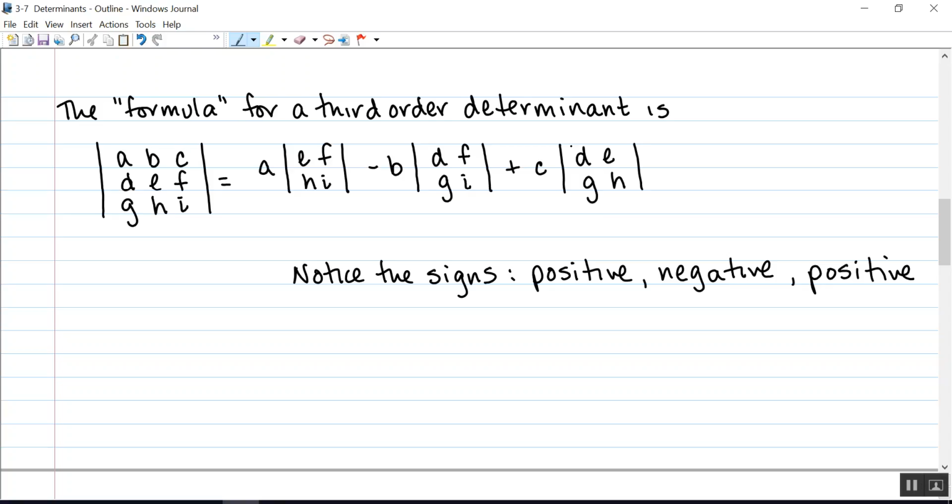And notice that the signs are positive for A, negative for B, and positive for C.